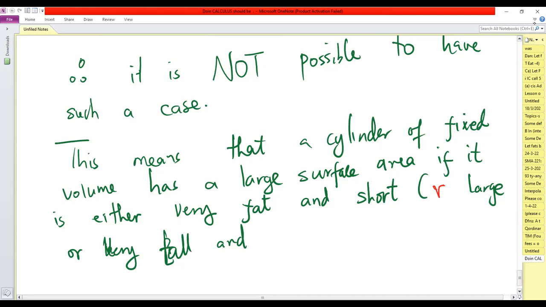The only scenario is that a cylinder of fixed volume has a large surface area if it is either very fat and short, which means R is very large, or very tall and skinny, when R is small.